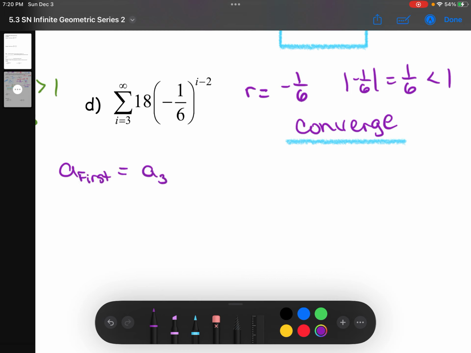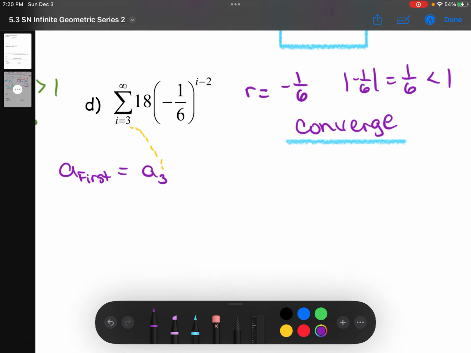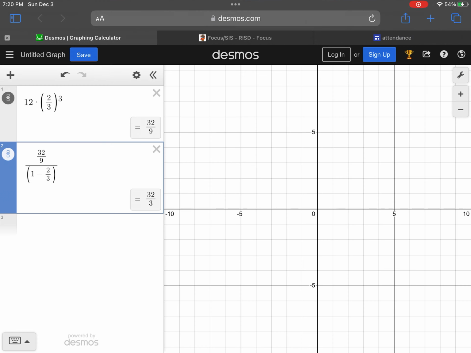A first here is a sub 3. Again, this number on the bottom tells you which term represents the first term. Plug in that 3 in place of i. So 18 times -1/6 to the 3 minus 2. Okay, 3 minus 2 is 1. So that's just 18 times -1/6. That's -3. We can put it in the calculator if we want to.